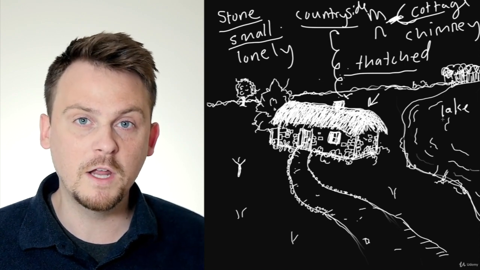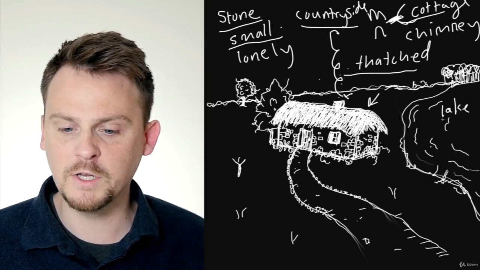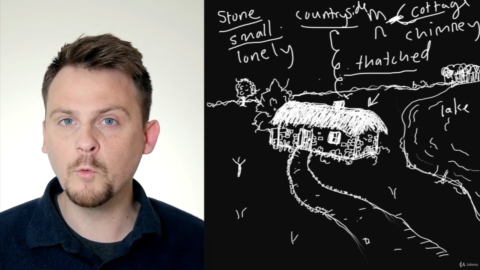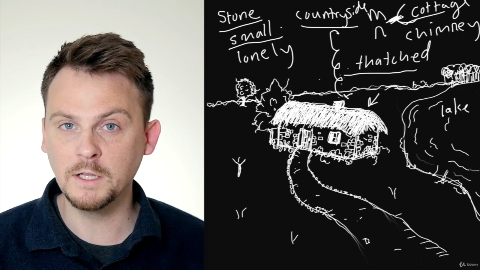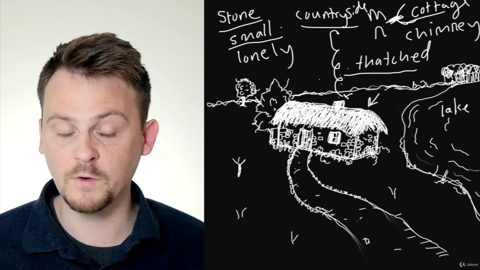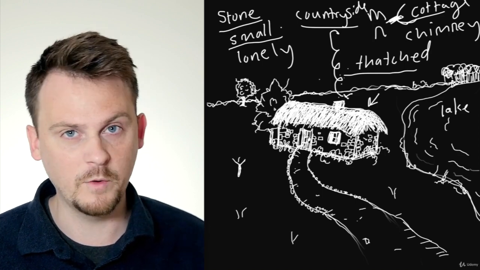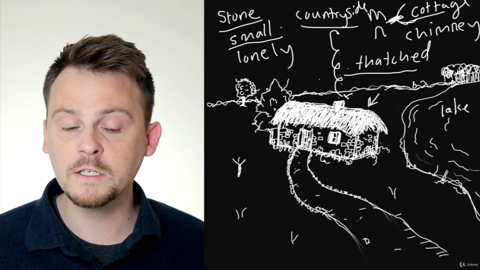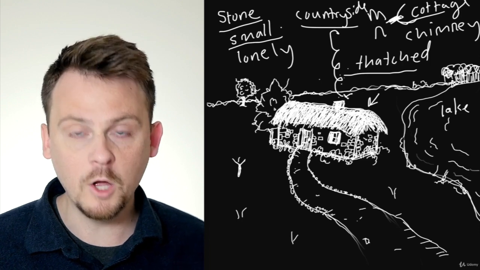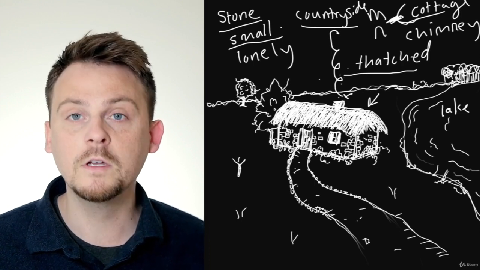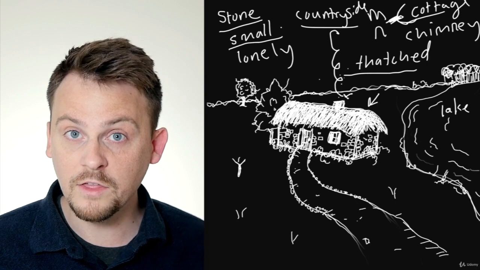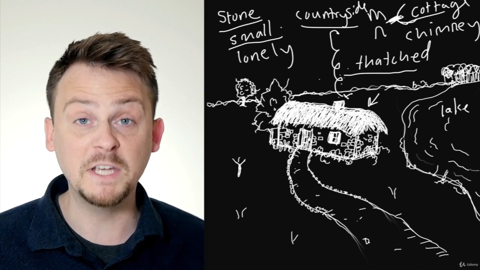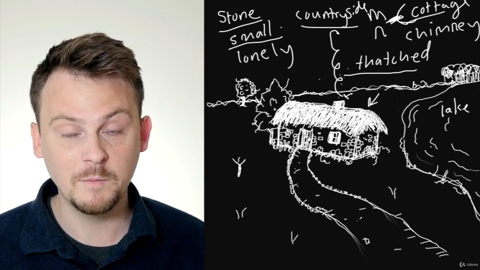So I think we can put thatched, countryside, we can talk about the roof, we can put all of this in our first sentence. I will write it all down very clearly later on, but we could say, as our first sentence, there is, always a good way to begin a description of something you're looking at, there is a small, lonely, stone cottage with a thatched roof, beside a lake.